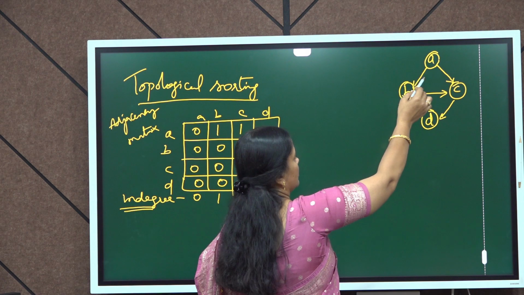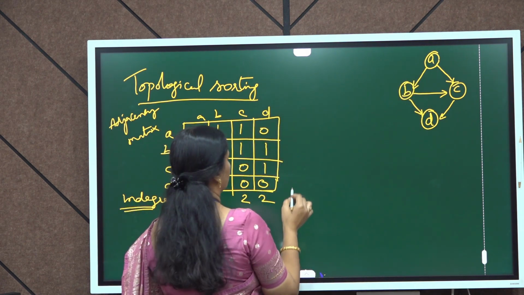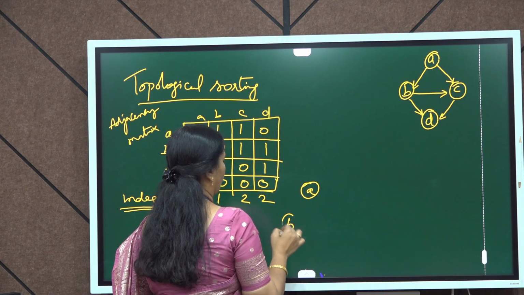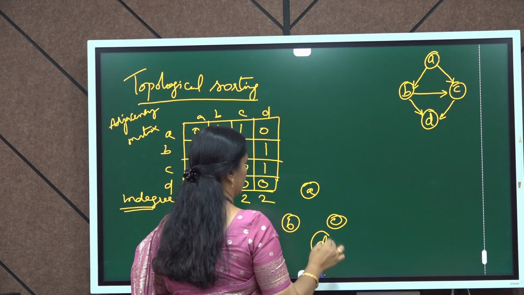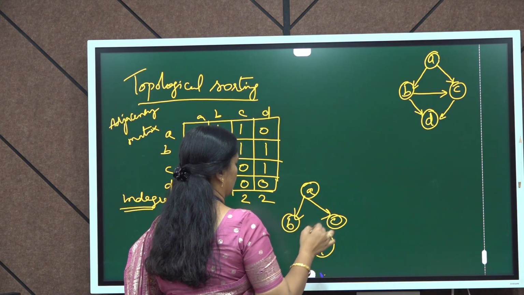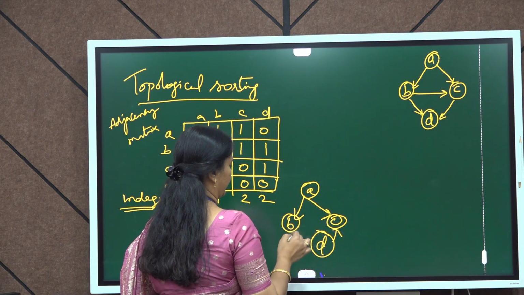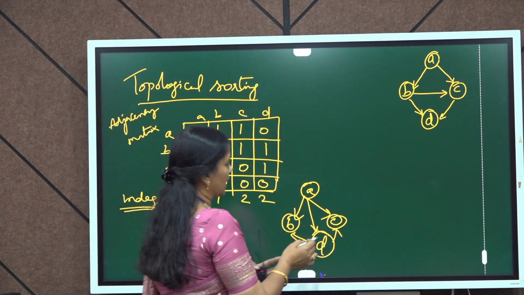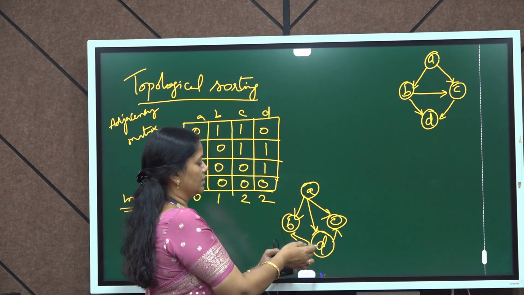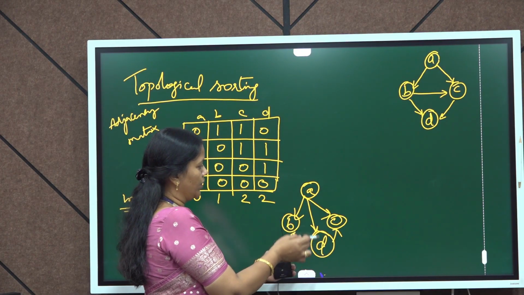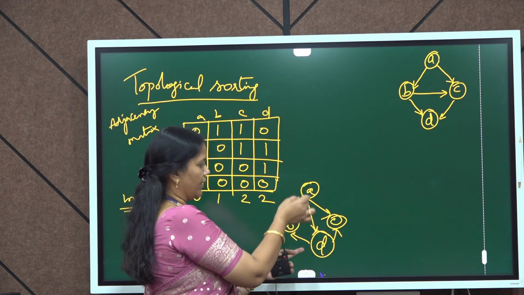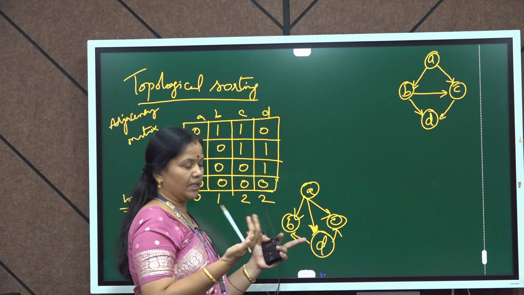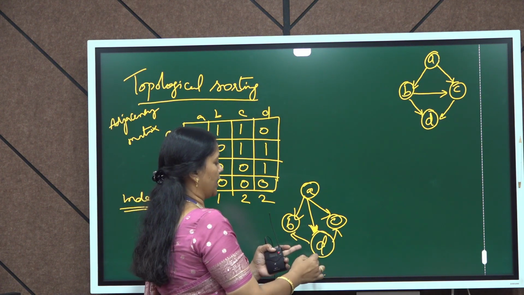Let us have it in some other example also. How many incoming edges are there to D? D is receiving an edge from A, so the in degree of D is 1.